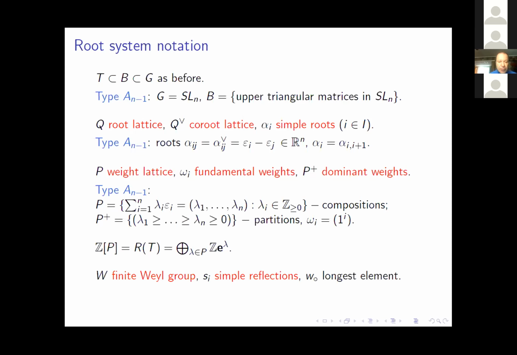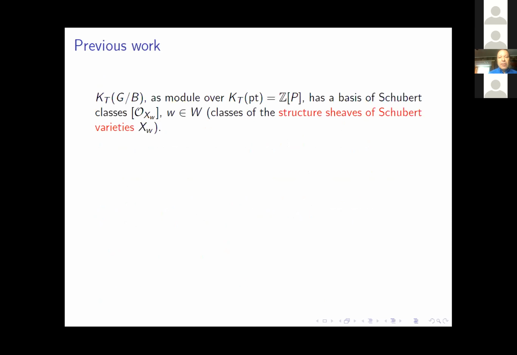And then we need the Weyl group, the finite Weyl group. s_i are the simple reflections, so reflections in hyperplanes orthogonal to the simple roots, and w_0 the longest element. So in type A, W is the symmetric group. The simple reflections are adjacent transpositions, and the longest permutation is the well-known one.